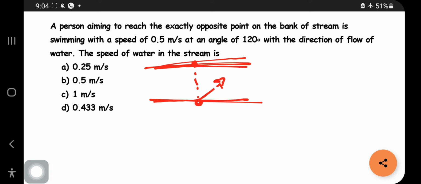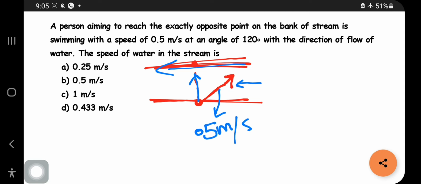So the river will make him move, flowing like this, so it will make him move in a straight line. That is the practical. So he is swimming with the speed of 0.5 meter per second at an angle of 120 degree.